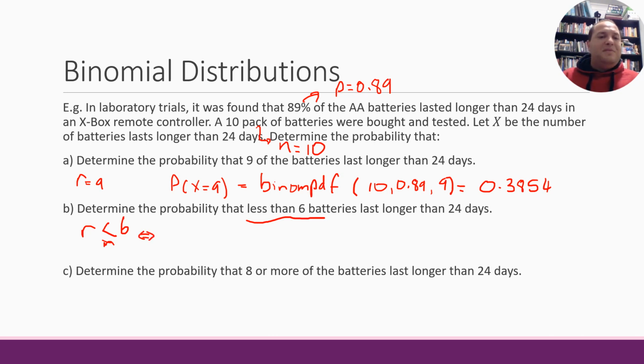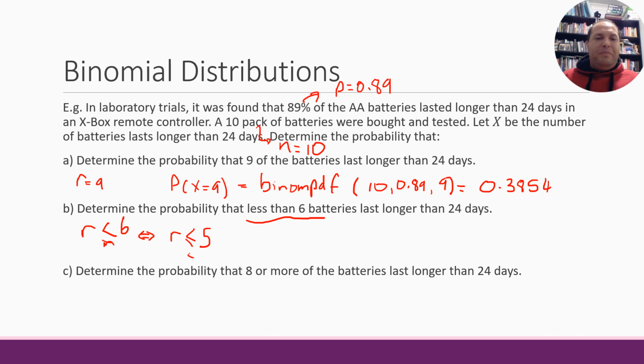The same way of saying R is less than 6 is saying R is equal to or less than 5. So R can be less than 5, R can be equal to 5, and that's the way we can use our graphics calculator, by using that less than or equal to notation, not the less than notation.